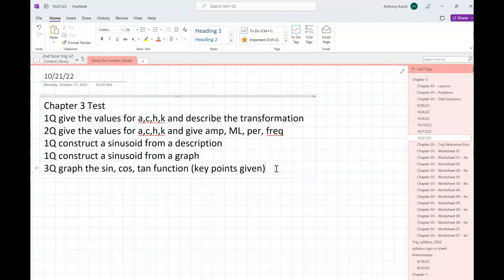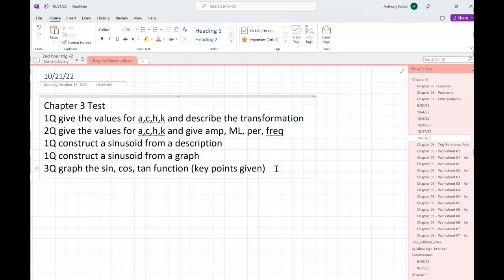And then 3 questions where I ask you to graph sine, cosine, and tangent functions. The key points would be provided for you. It'll be the same format as on the homework quiz, where I give you the list of key points that you're transforming. What thing would you want to make sure that you have for C, though?